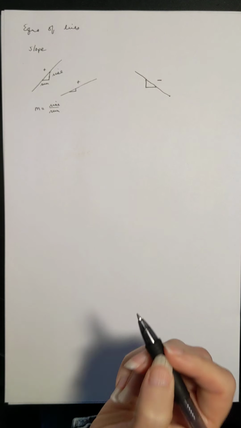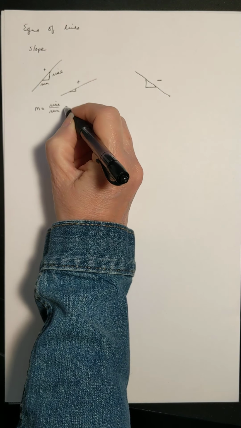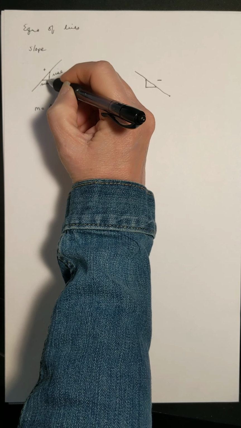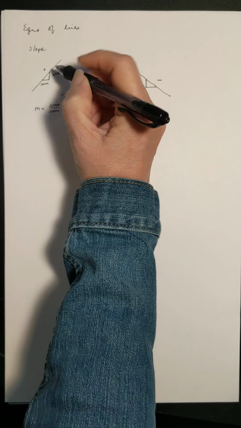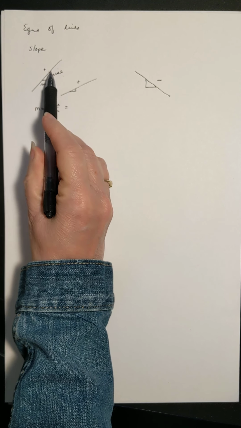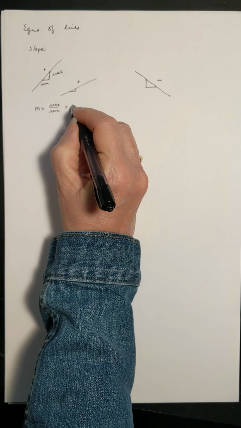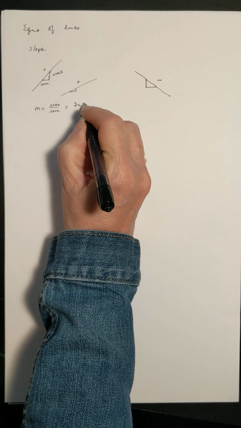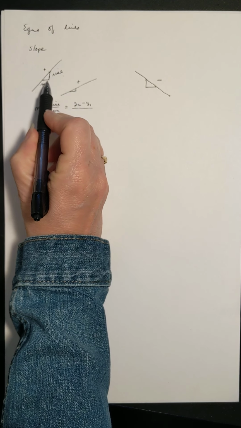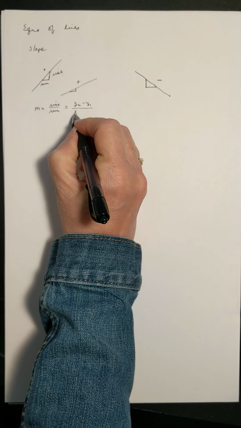Now, when I'm looking at this, the rise is how much my y changes, and the run is how much my x changes. Remember, the x is the horizontal and the y is the vertical. So the rise is the change in the y values, and the run is the change in the x values.